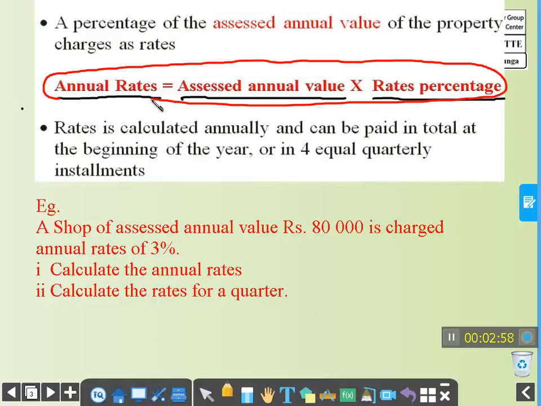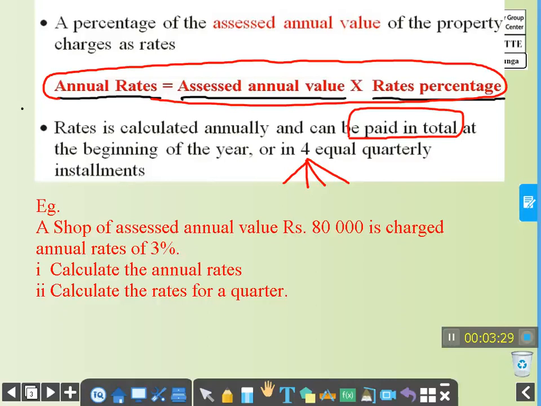One method is to pay the total annual tax at once, or you can pay that tax amount in 4 installments, like 4 times, right? Without paying the total at once, there's a chance given to you to pay that amount in 4 times. That we call the quarter payment or the quarter installment, right?